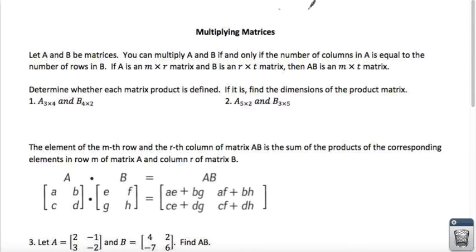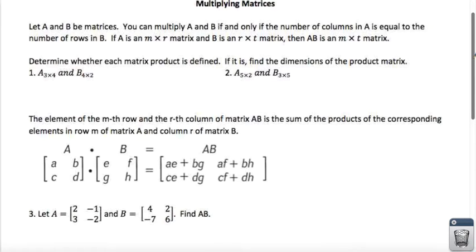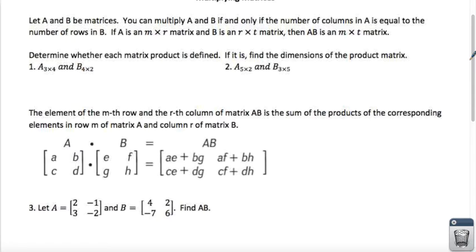Multiplying two matrices together gets a little bit weirder. It's not as simple as just multiplying the numbers as you would with adding. So first of all, you can only multiply two matrices together if the number of columns in the first matrix you're multiplying is equal to the number of rows in the second matrix.